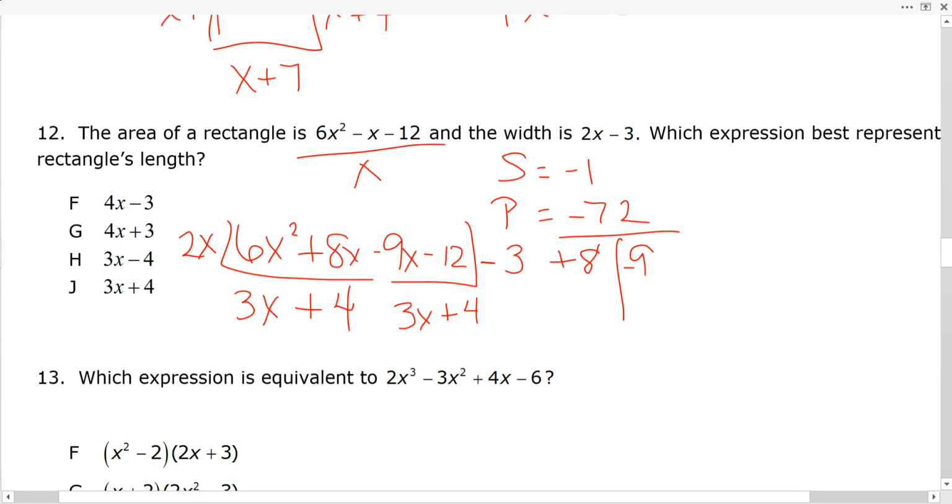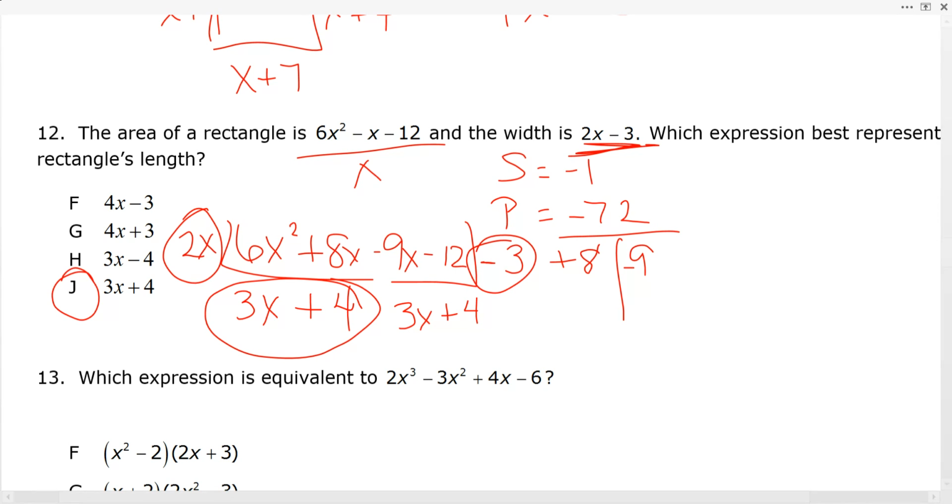Woohoo! So 2x minus 3 is my width they already gave me. So this is the length they're looking for, which is J. Number 13 is already in 4 terms, so I'll go ahead and put it in a box.